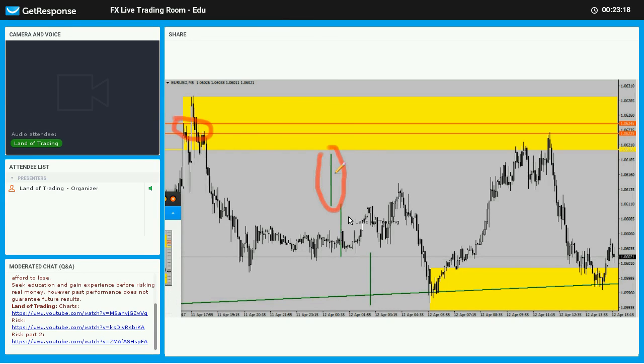As we made our calculation, 1, 2, 3, bottom of this demand from the 30-minute chart. So this 30-minute supply, even if it looks good, simply we don't have an edge.